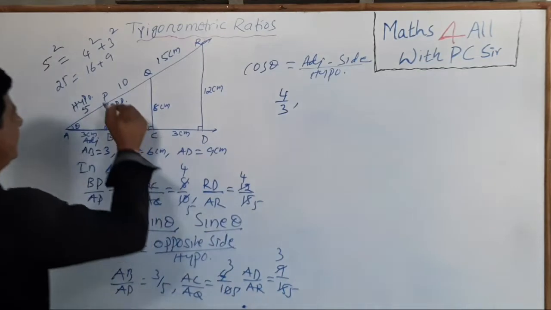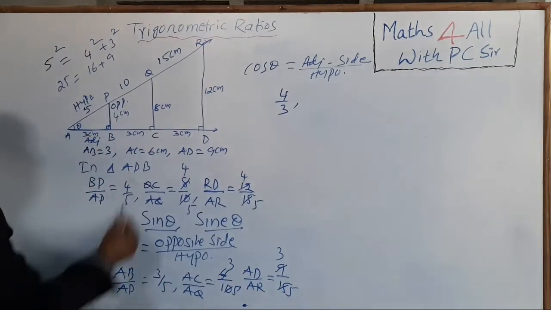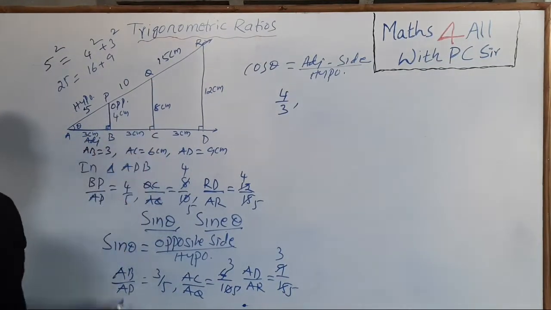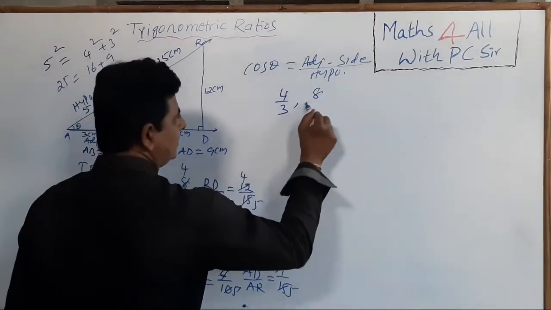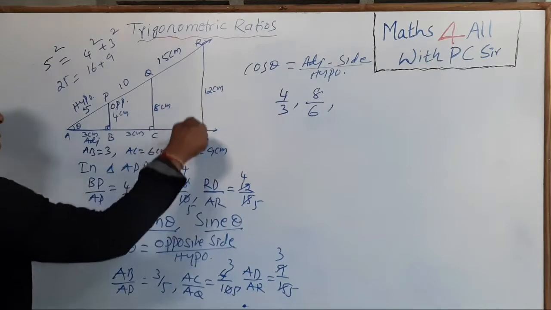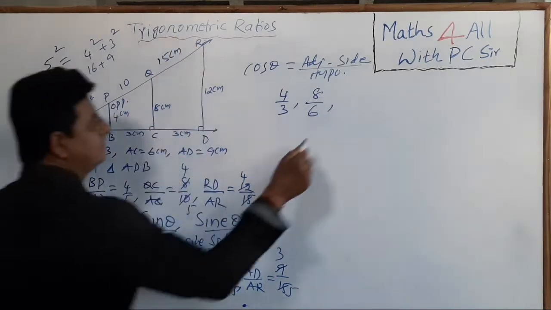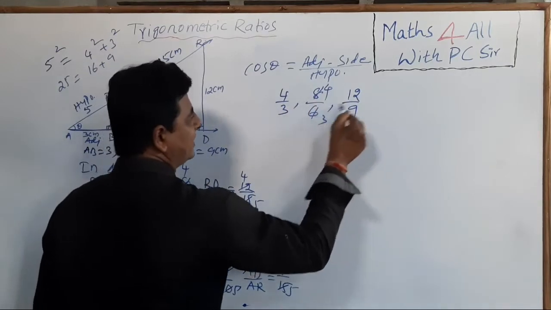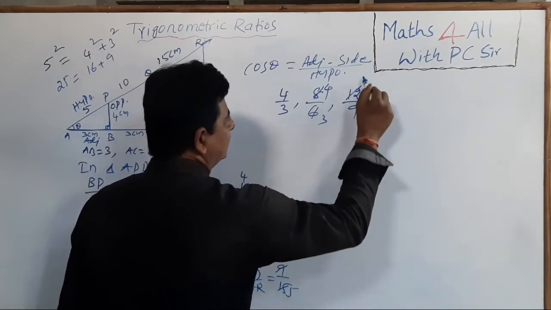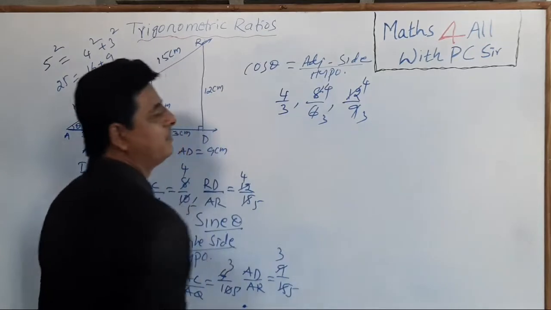First one, PB by AB. And next QC by AC. That is how much? 8 by 6. And one more is this one, 12 by 9. Okay? 2 4s are 8, 2 3s are 6. And 3 4s are 12, 3 3s are 9. All are 4 by 3.